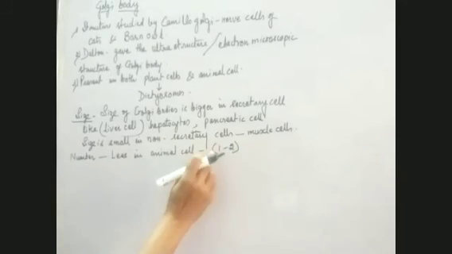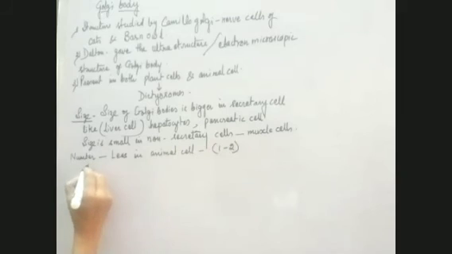Now, their number. After size, we come to their number. Their number is less in animal cells, whereas the number is more in plant cells. In animal cells it can be 1 to 2 only, mostly 1.